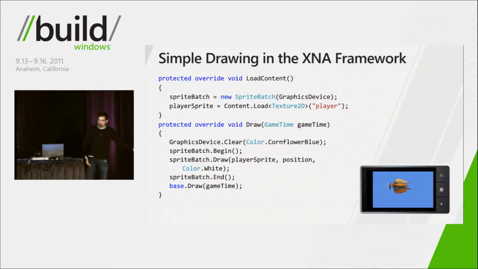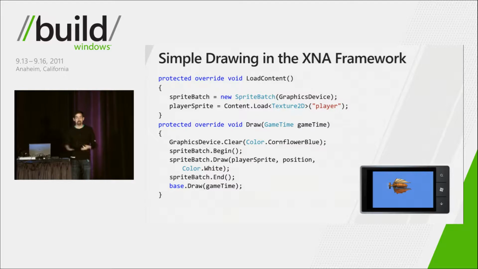In the load content call, you simply call content, which is the content manager, .load, and it's a template function, and then you pass in the name of the file minus the extension that you want to load in. It loads the runtime version of it, turns it into a texture you can draw on the screen. In the draw call, you draw that texture using sprite batch, which is a class that we'll discuss in a second, and that's it. Now you're drawn.